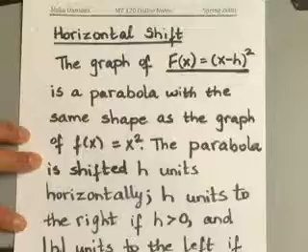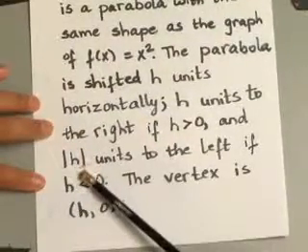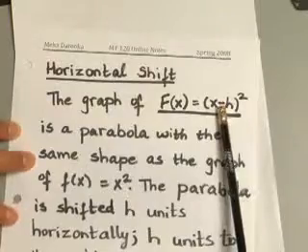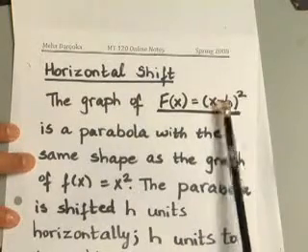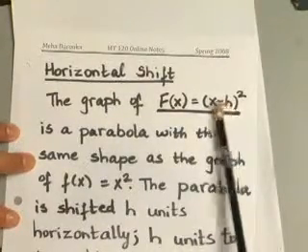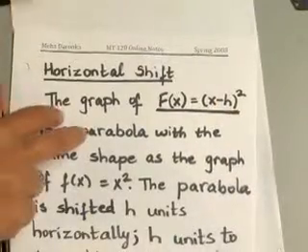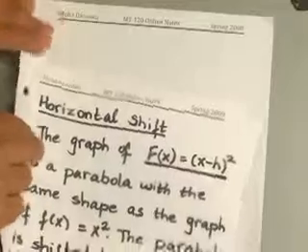If h is a negative number, which is what your other condition can be, in that case, this sign will change to a positive number because since h will be negative, the two negatives will make a positive. So let's go ahead and take a look at an example to see how this horizontal change will affect our graph.